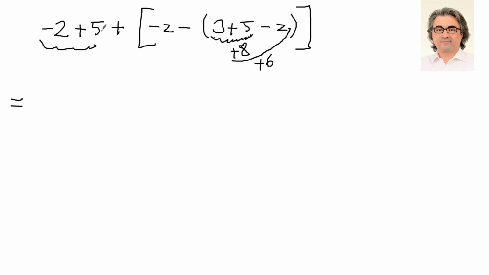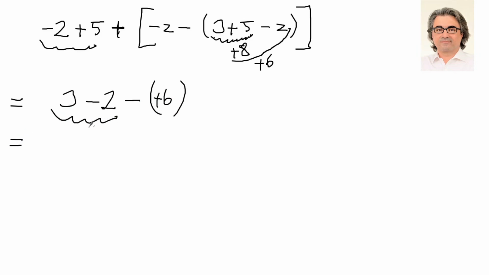Minus 2 plus 5. Difference between them is 3 and the sign of 3 is the sign of plus 5. After that I reached a parenthesis having plus sign in front of it. So do not change any sign in the parenthesis. In the parenthesis here I have minus 2 and plus 6.